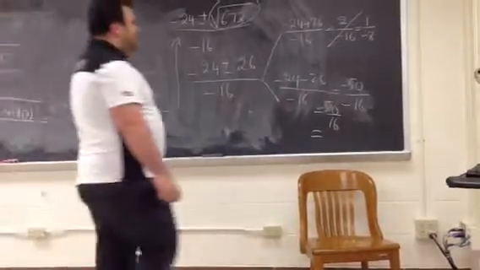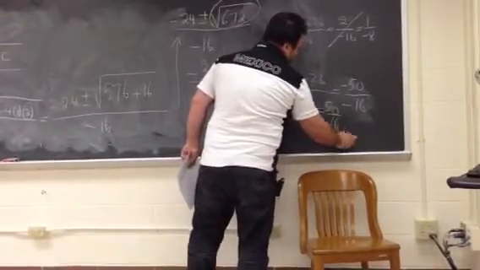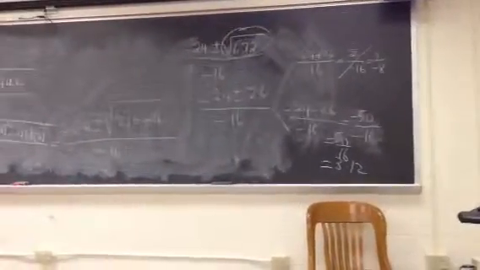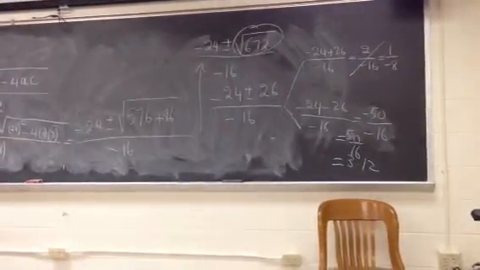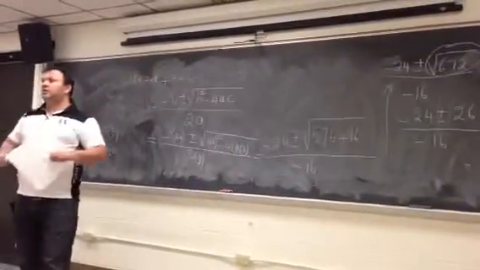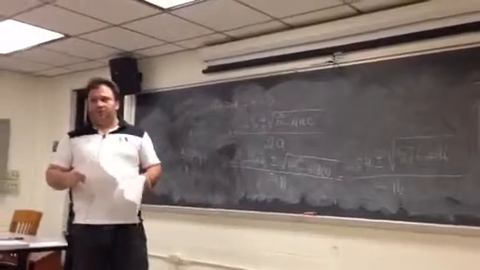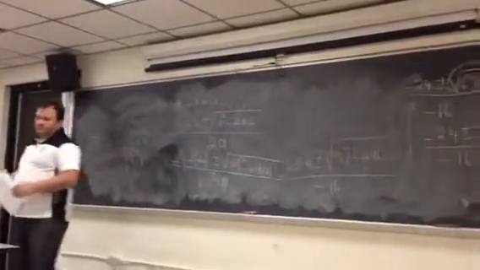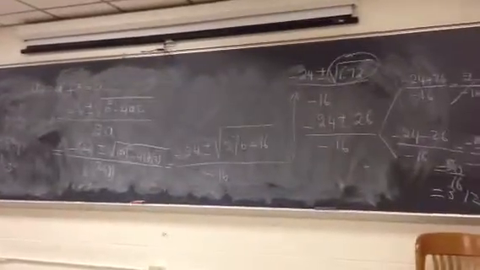Someone said 3.12 as an approximation. Yeah, that's fine. This means after 3.12 seconds, the ball will actually hit the ground, and that is considered a reasonable time, right? Okay.